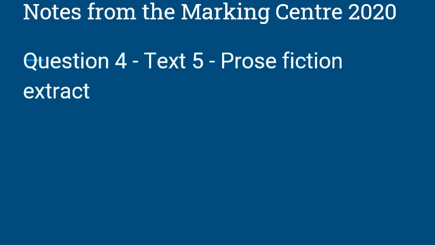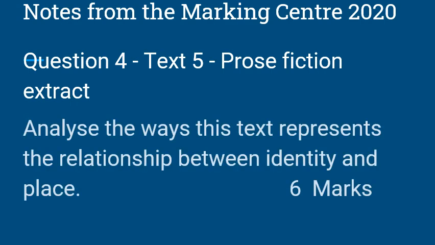And then we come across question 4, which is text 5. This is this prose fiction extract. Now this was a 6-mark question which asks the students to analyze the ways this text represents the relationship between identity and place.